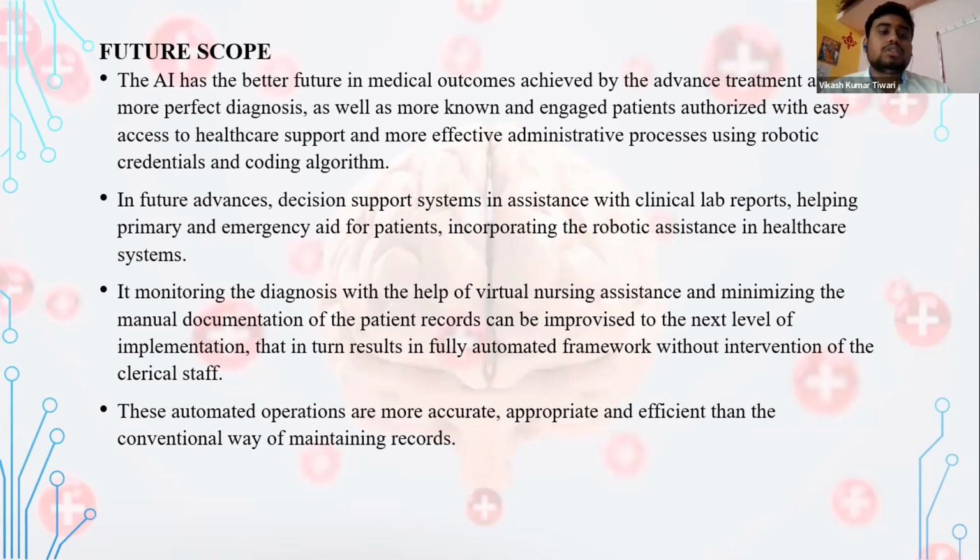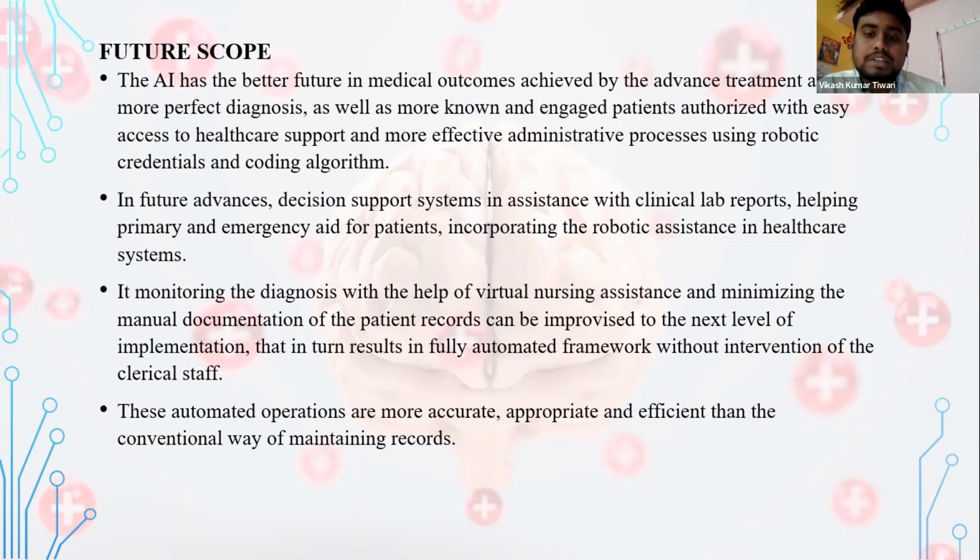Future scope: it is increasing day by day, like emergency aids for patients, it will be in robotic assistant healthcare systems. It will also be easier for all the staff who are working to know about the people and their problems. The virtual assistant systems that are going around nowadays, like doctor on call, are increasing day by day, as is this intelligence. In the coming days we won't face many problems.